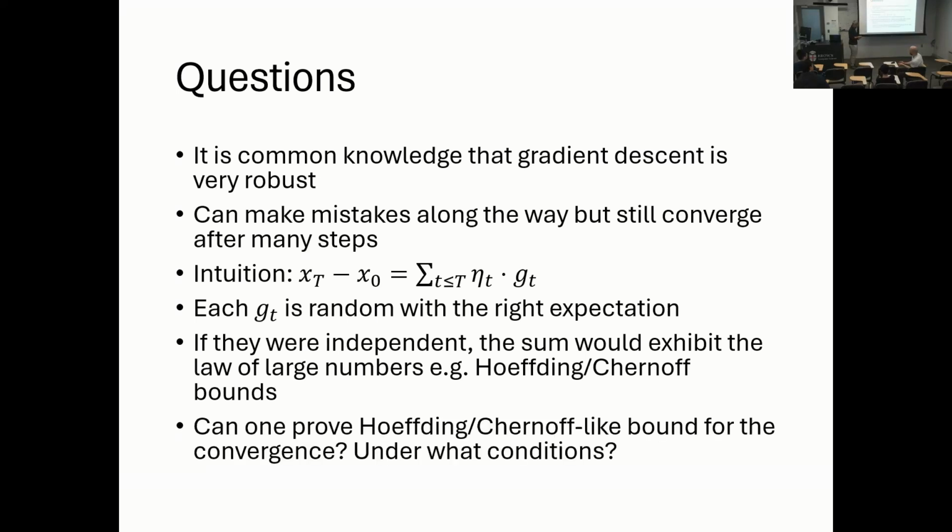So the question we ask is: can you actually prove some kind of Hoeffding or Chernoff bound for the convergence of these gradient methods, and can we do so in the same general conditions where gradient descent is applied?